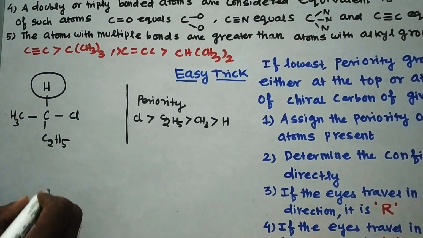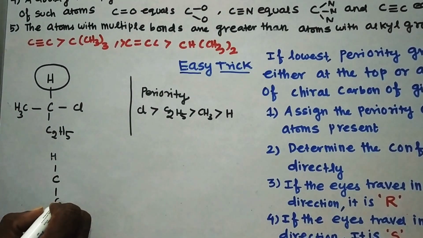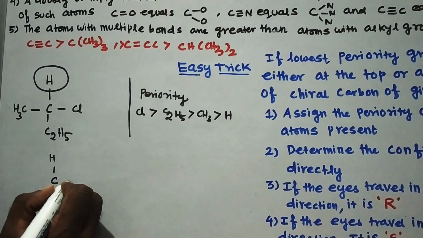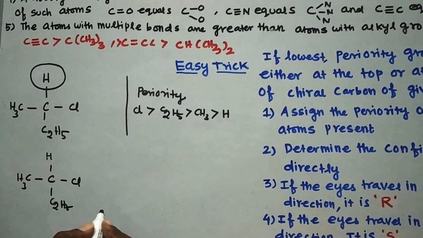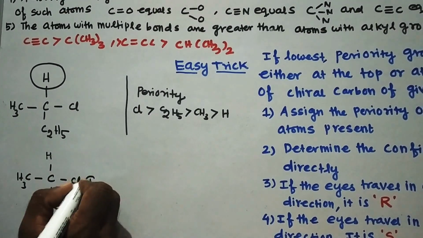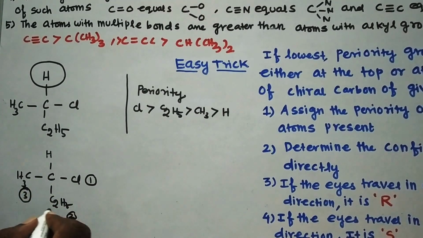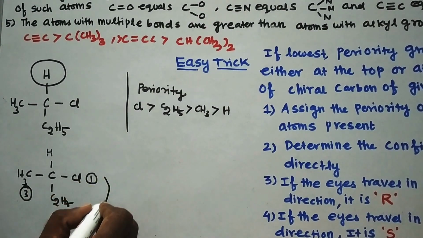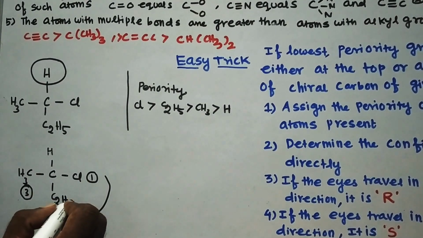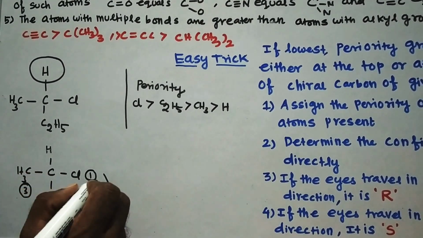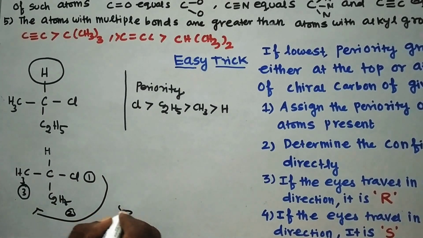So now we take C, H, C2H5, Cl, CH3. This is the 1, this is the 2, and this is the 3. Cl goes to C2H5, C2H5 goes to CH3. Therefore, it travels in the clockwise direction, so it is the R configuration.